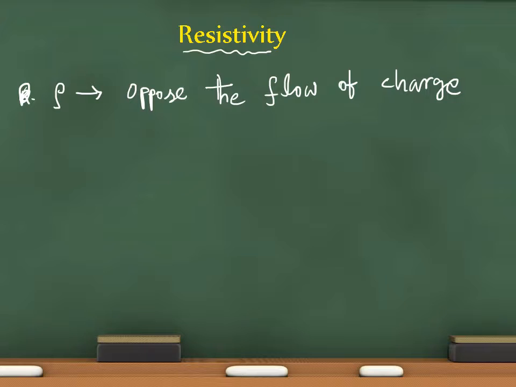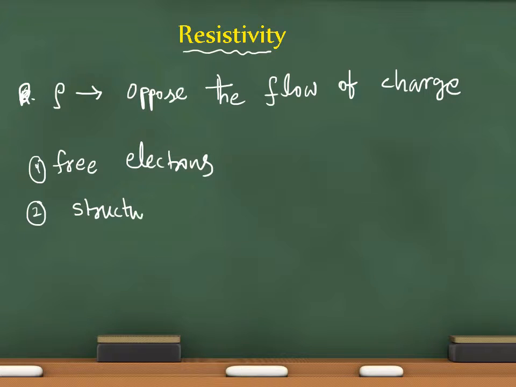the flow of the charge in electrical material will depend on the free charge first, that means free electrons present in the material. This is one factor. The second factor is the structure of the material, because if the road is not smooth, the vehicle won't go.